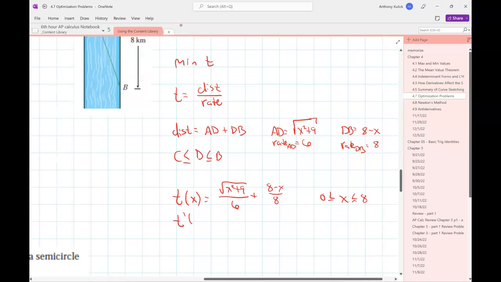So go ahead and do my derivative. Well, let's do this first. What can't you read? x squared plus 9. Yep, all under a square root.